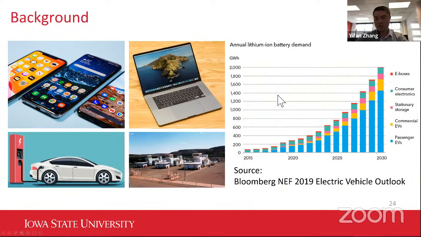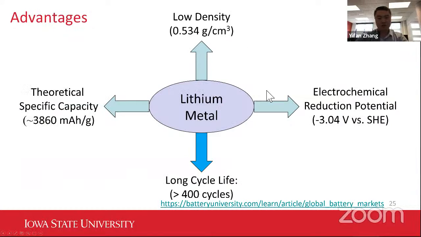From some sources on the energy market, you can see from the figure that 10 years from now, the demand for lithium-ion batteries will be almost 10 times more than we have right now. So it will become increasingly popular in our daily life. So why does that happen? Basically, the reason is very simple.